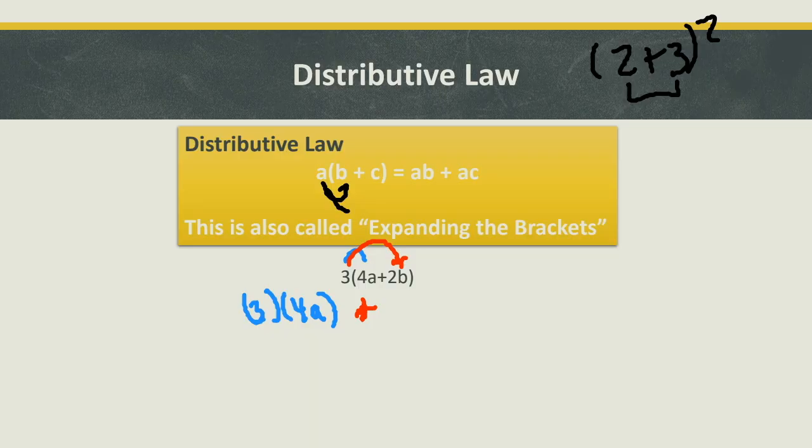But anyways, plus 3 times 2b. So that second arrow is 3 times the second term. So 3 times 4a, this goes back to just our multiplication rule, so we can just multiply those coefficients. So 3 times 4 gives me 12, and then the a, and then red. And then we have 3 times 2 gives me 6, and I have a b left.